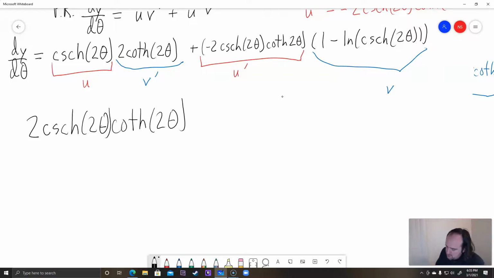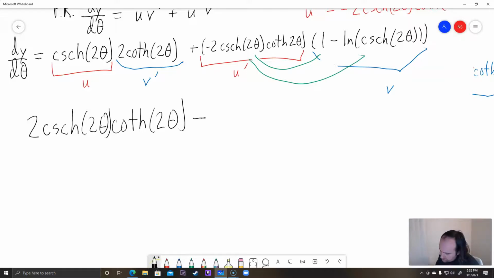And then over here, if we distribute our u prime to each of those terms, which is going to be a little bit ugly, but I don't know what else to do here. That's just how the problem is.